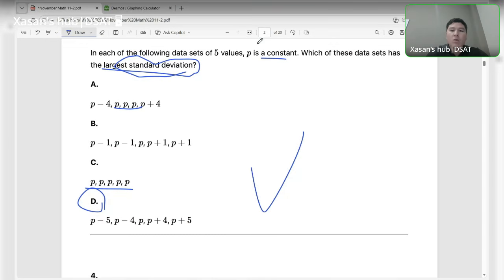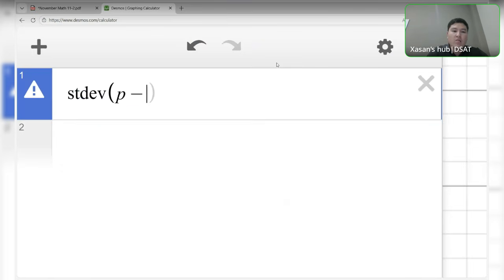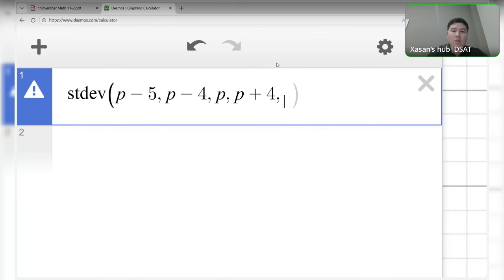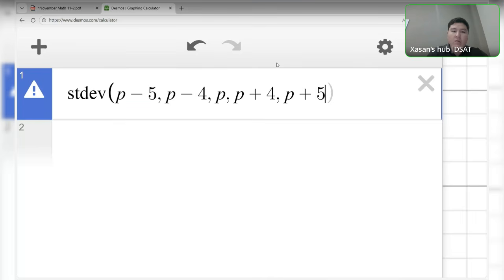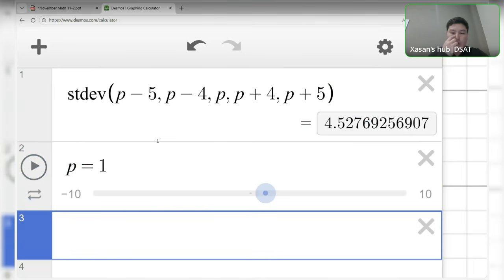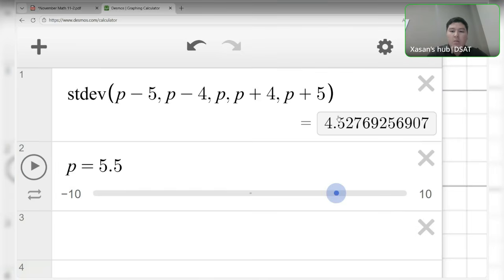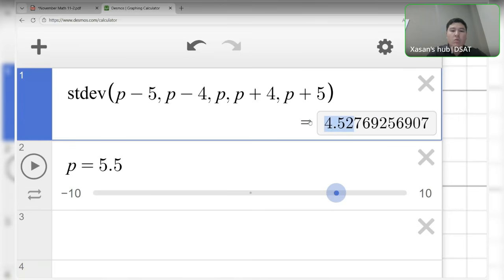And instead of P, you can use a number. For example, P minus 5. I'm only writing option D, and P minus 4. And we've got P, and P plus 4, and P plus 5. And add a slider for P, no matter what, we're going to have the same standard deviation, which is 4.52. That's all. The question is asking the largest, therefore the answer was D.